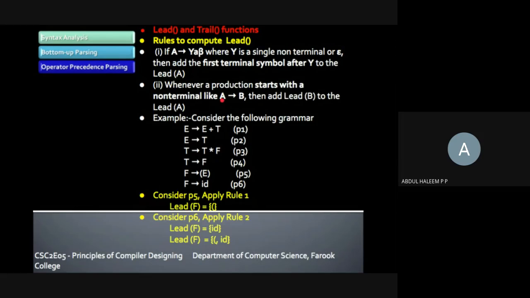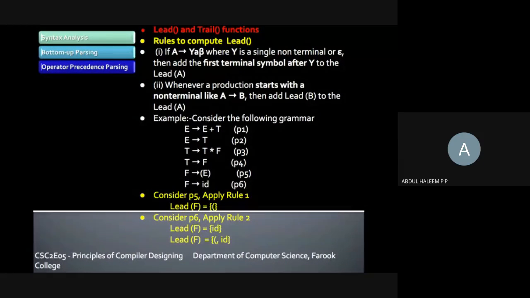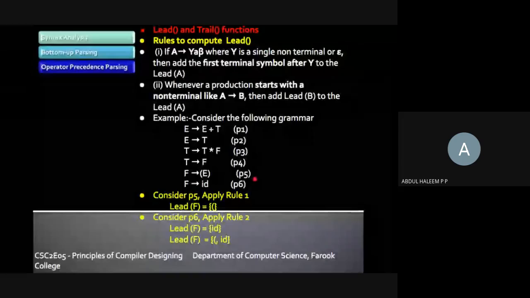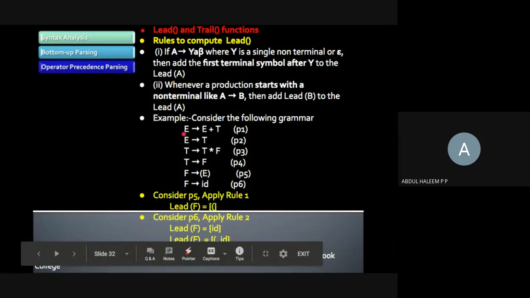Suppose that you have a production A derives B. In such a case, LEAD of A will be equal to LEAD of B. These are the two rules of computing LEAD. Now, with these two rules in our hand, let us compute the LEAD element for these terminals and non-terminals.